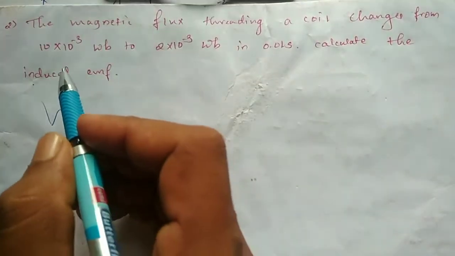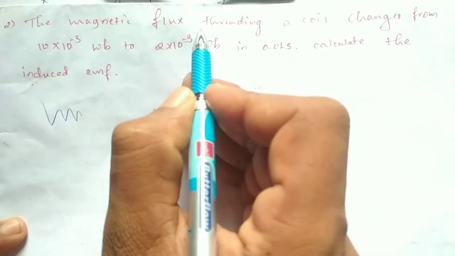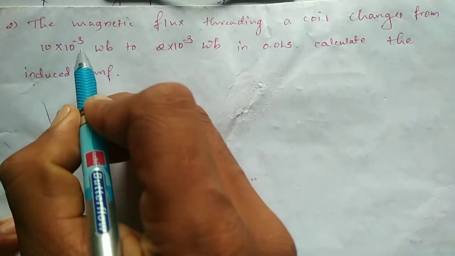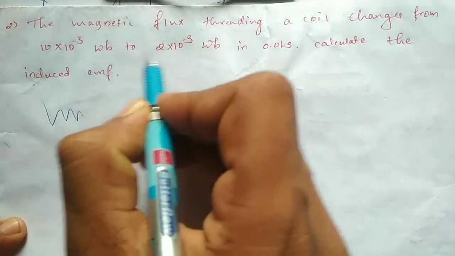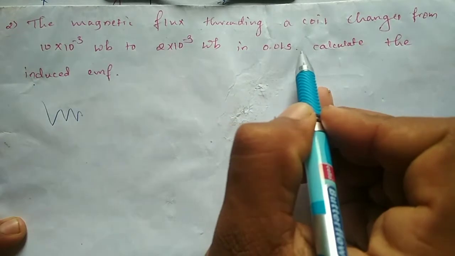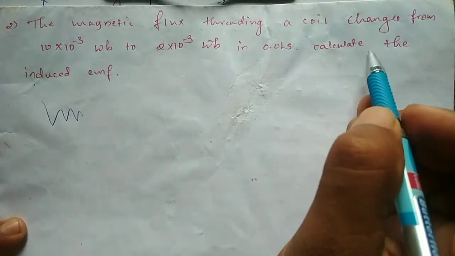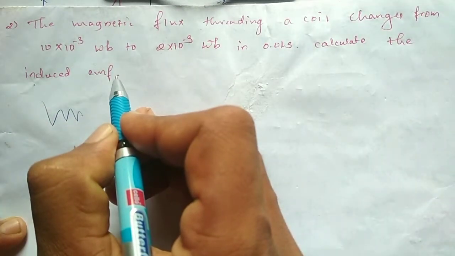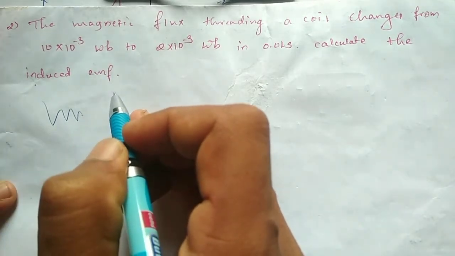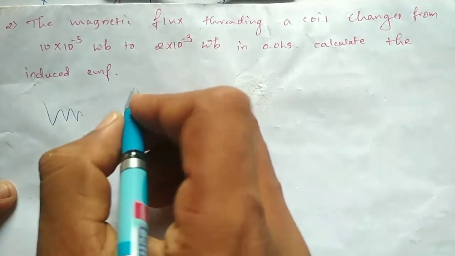The next problem: the magnetic flux threading a coil changes from 10 into 10 to the power minus 3 Weber to 2 into 10 to the power minus 3 Weber in 0.01 second. Calculate the induced EMF. So what are the given data?